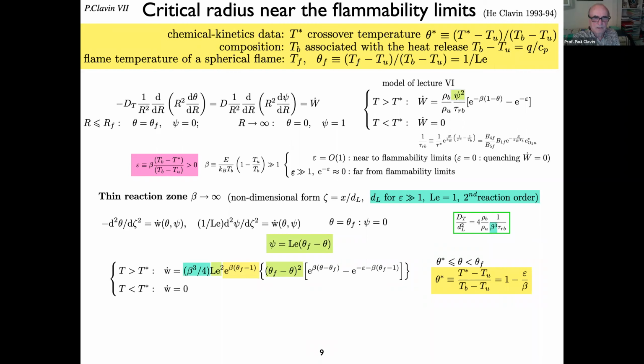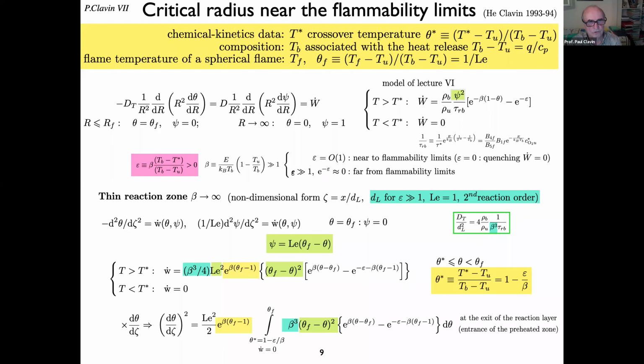It turns out that now you have a beta cube. The main difference compared to the problem of the adiabatic planar flame is that now you have a beta cube term in front of the reaction rate, and then you have a reaction rate which is a difference like that.